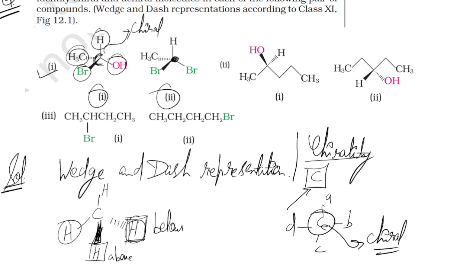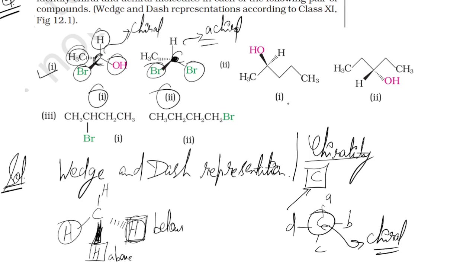In this one, the carbon is associated with two bromines, so this is an achiral center. This is not a chiral center.